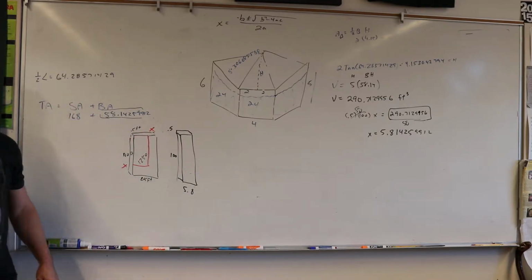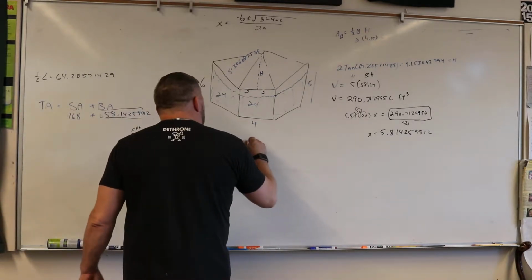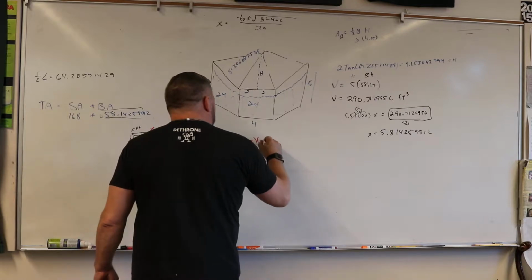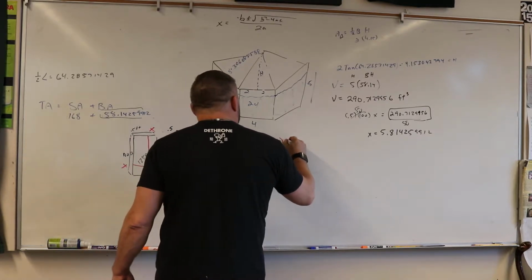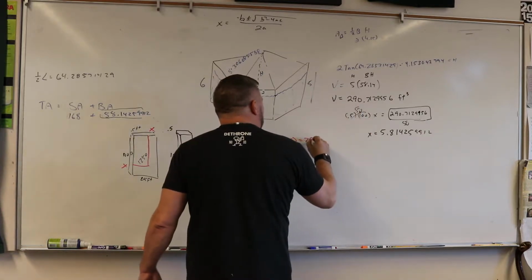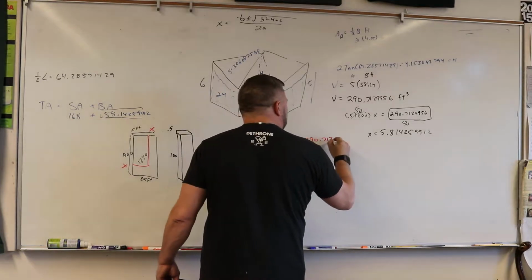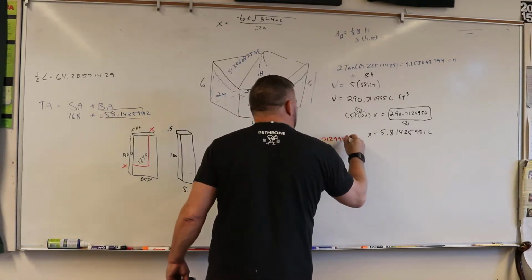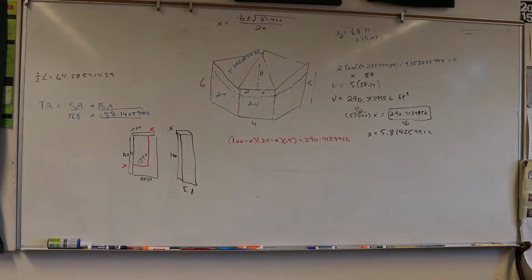So now we're going to say 100 minus x times 25 minus x times 0.5 is going to equal 290.71299956.